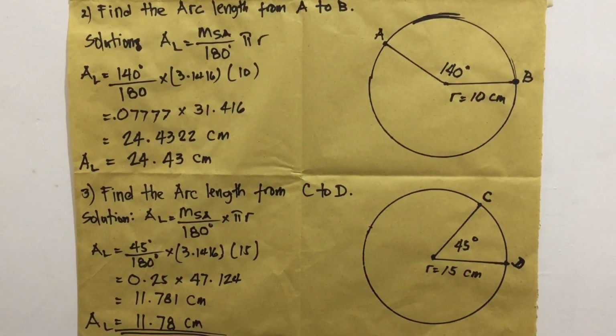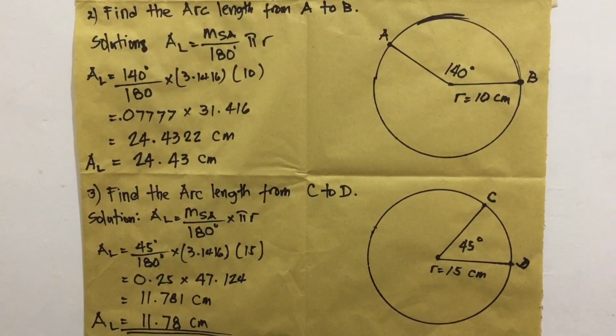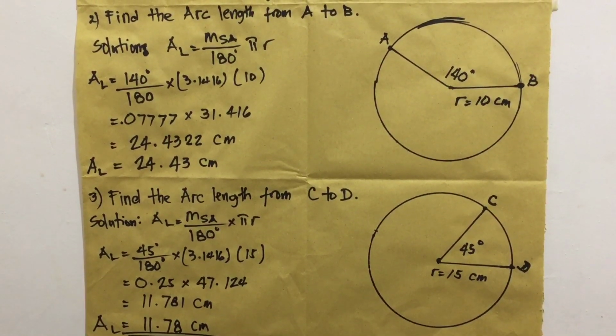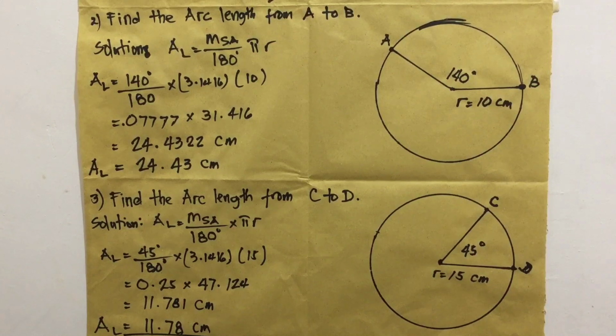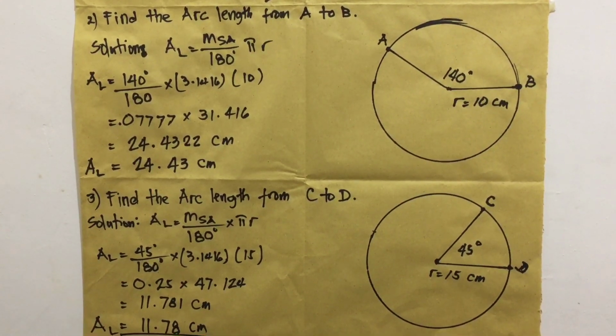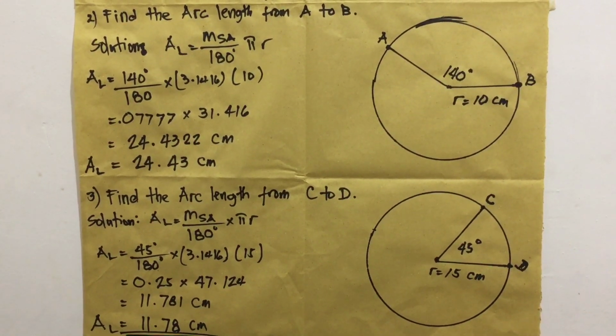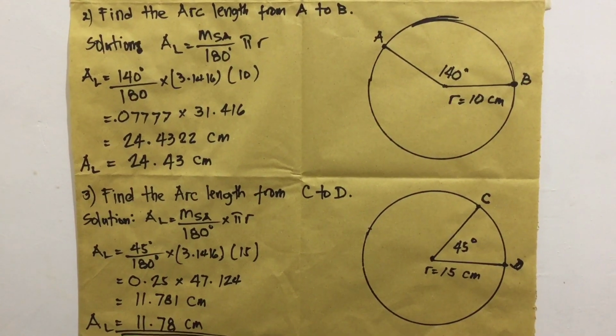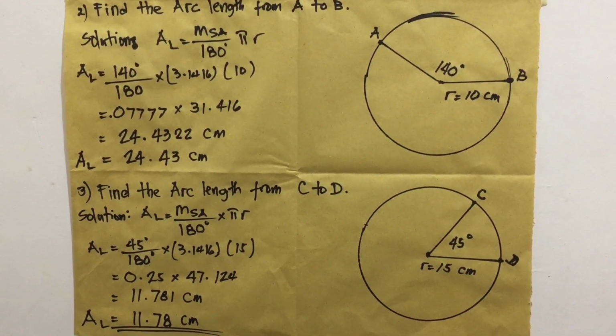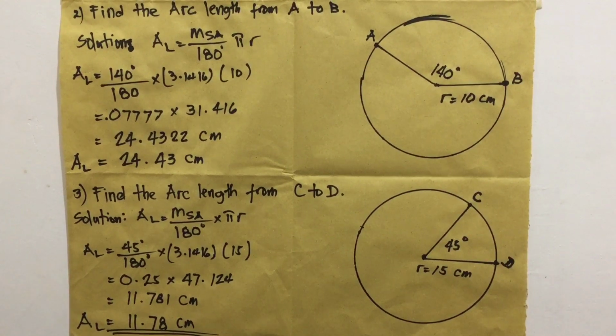Guys, to find the circumference of a circle, we always have to remember the formula for finding the circumference. We have C equals 2 pi r.